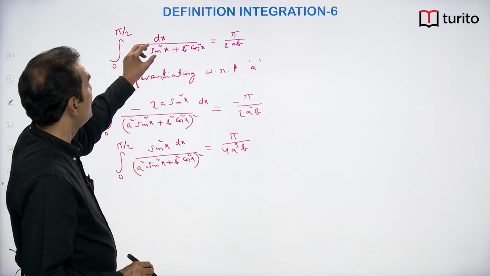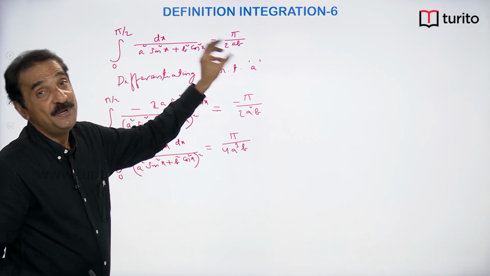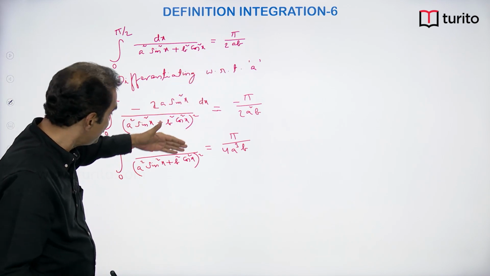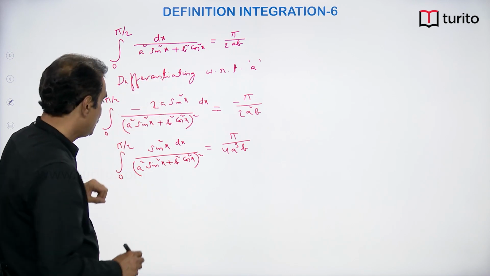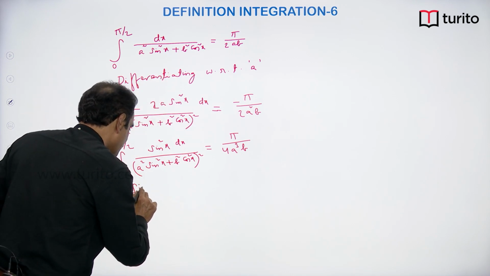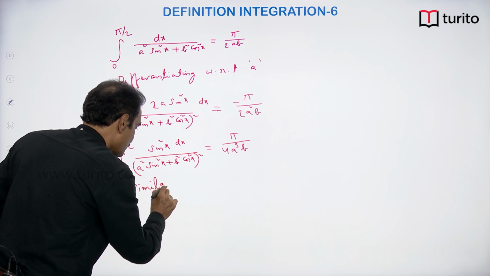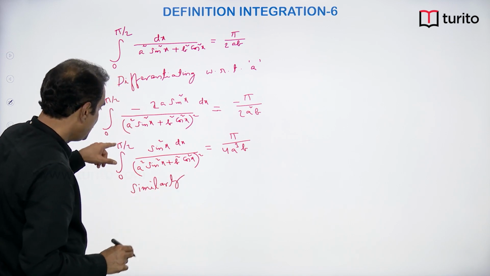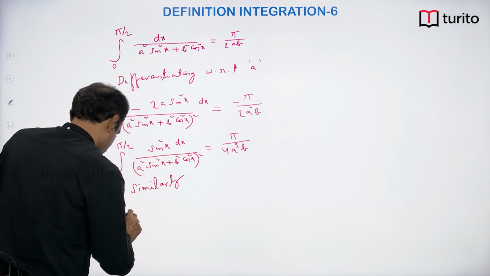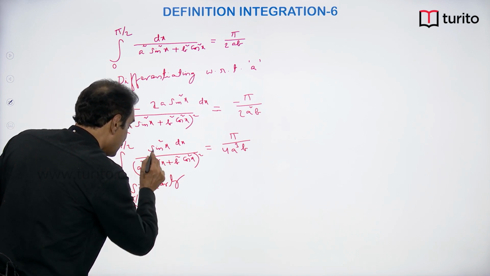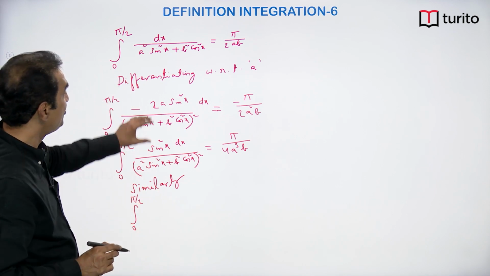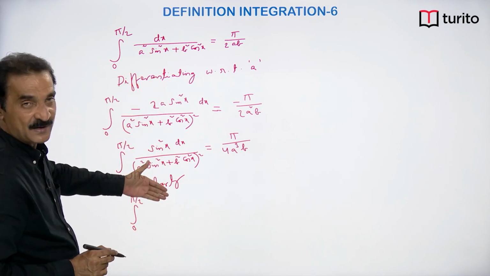In the same way, if you differentiate with respect to b, I am going to write this corresponding step without writing this. Similarly, integral 0 to pi by 2, what will you get if you differentiate with respect to b and follow the same steps?